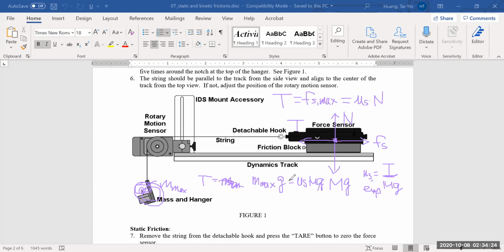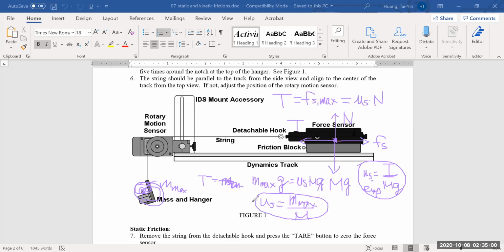So the g cancels, and your theoretical mu s is equal to M max over the capital M. You can see that both actually come from the experiment, but in order to do a comparison, we treat one of them as an experimental value, using this expression, and the other as a theoretical value, using this expression. So then you can do the comparison.